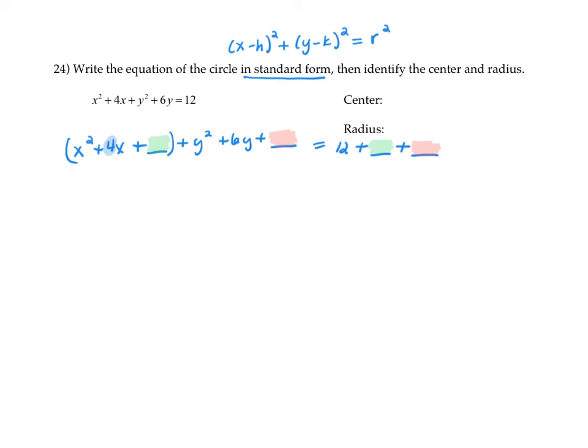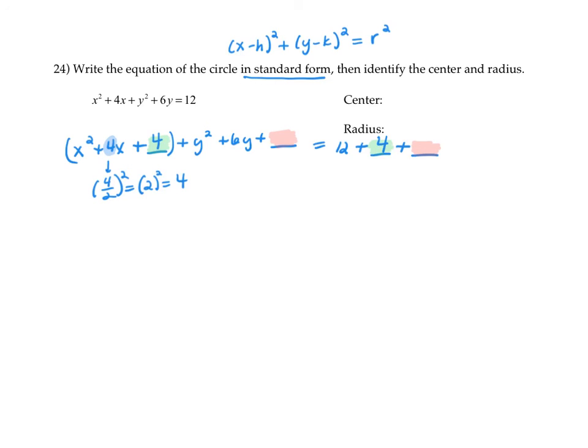Take this middle number, that 4, and you're going to divide it by 2 and square that result. 4 divided by 2 is 2, and 2 squared is 4. So add 4 to both sides.